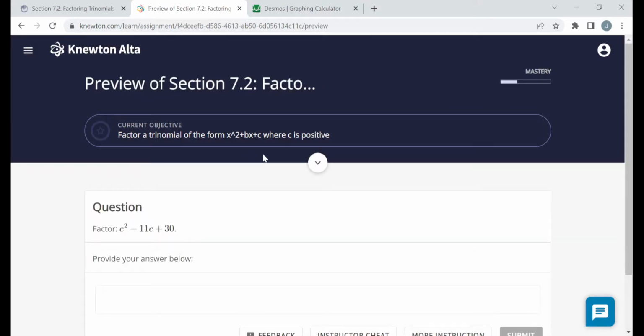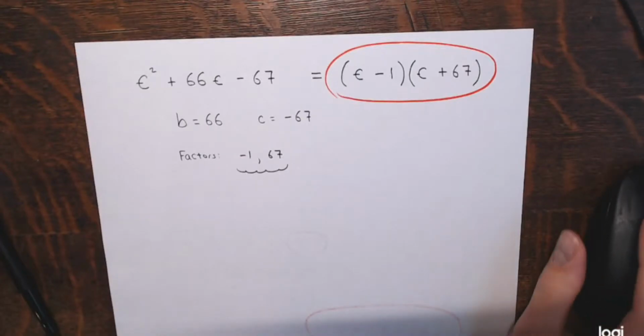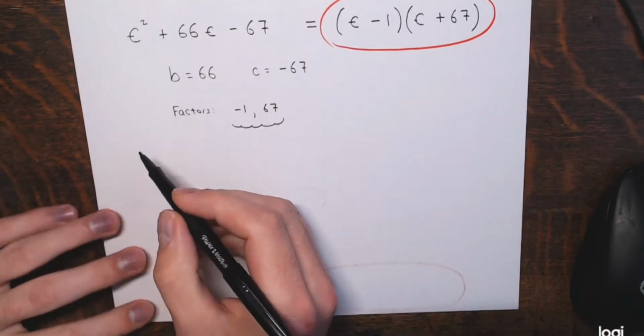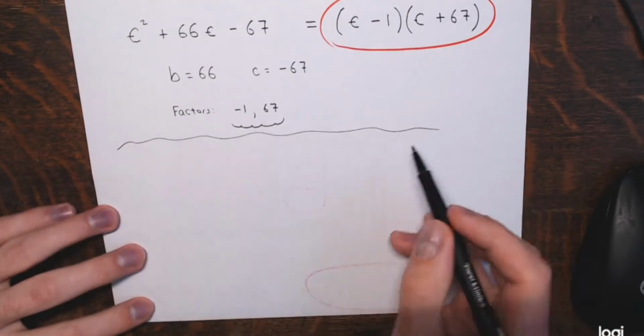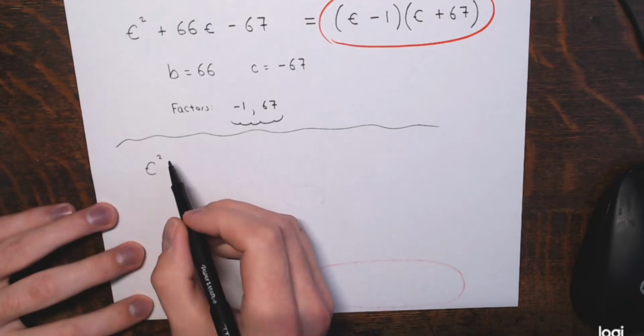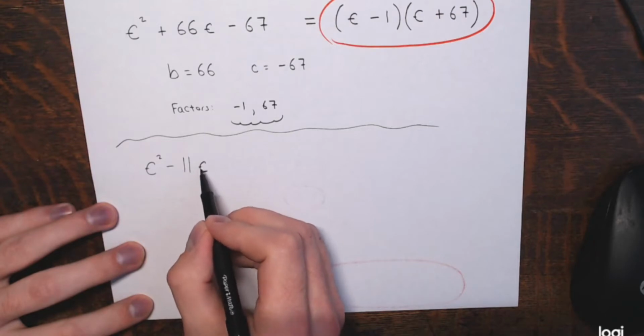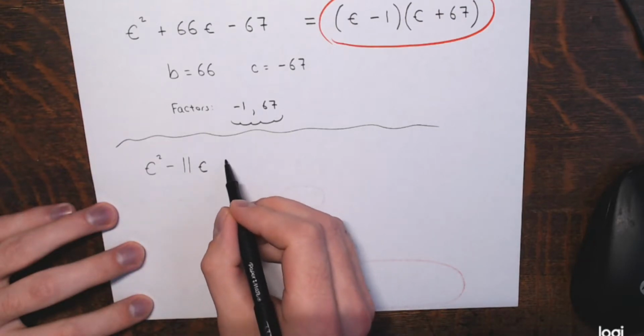Alright, so now where the value of c is positive, another one of them special trinomials with a lead coefficient of 1, but where the constant term is positive. So I'm just going to do this here. We have variable c squared minus 11 times the variable c plus 30.